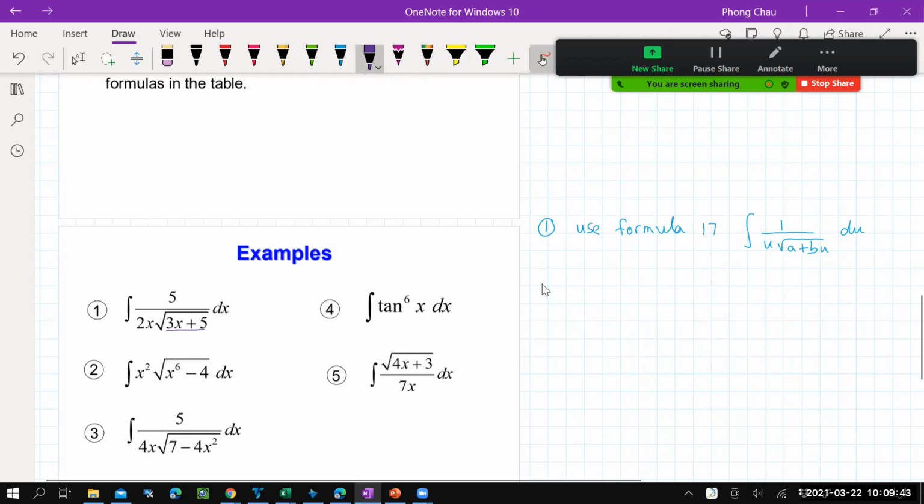you need to rewrite. So here I'm going to rewrite. You take out the 5, take out the 2. I can do that, factor out 5 and 2. So my integral becomes 1 over x, let me rewrite this as root of 5 plus 3x. In fact, let me throw the 5 over 2 outside of the integral.